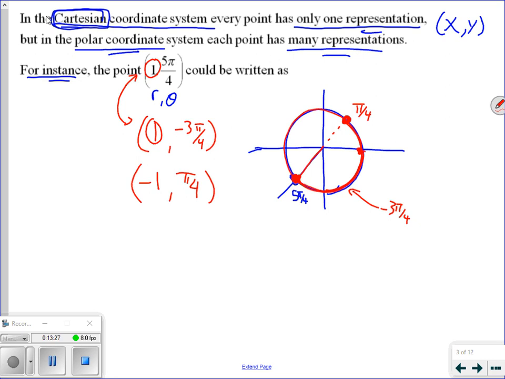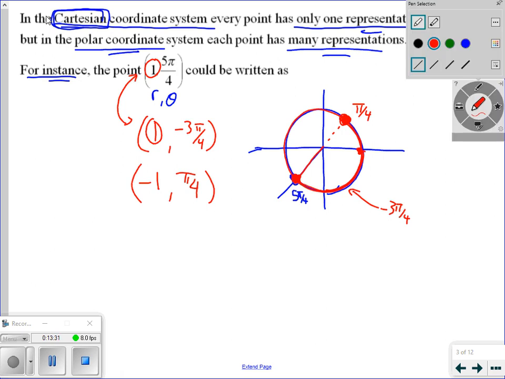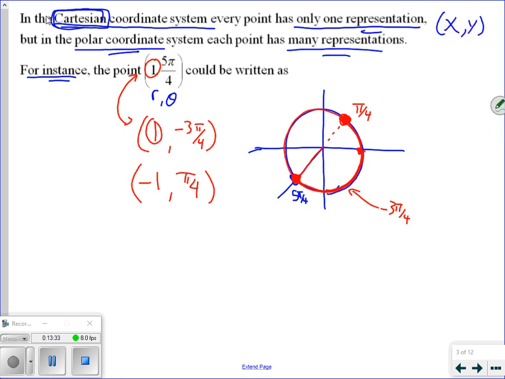Okay? So what's another way that I can get to this point, pi over 4? Instead of going in the positive direction, I could also go in the negative direction. I could travel all the way around in the negative direction until I get to pi over 4. So another way to get to pi over 4 is to say negative 7 pi over 4.